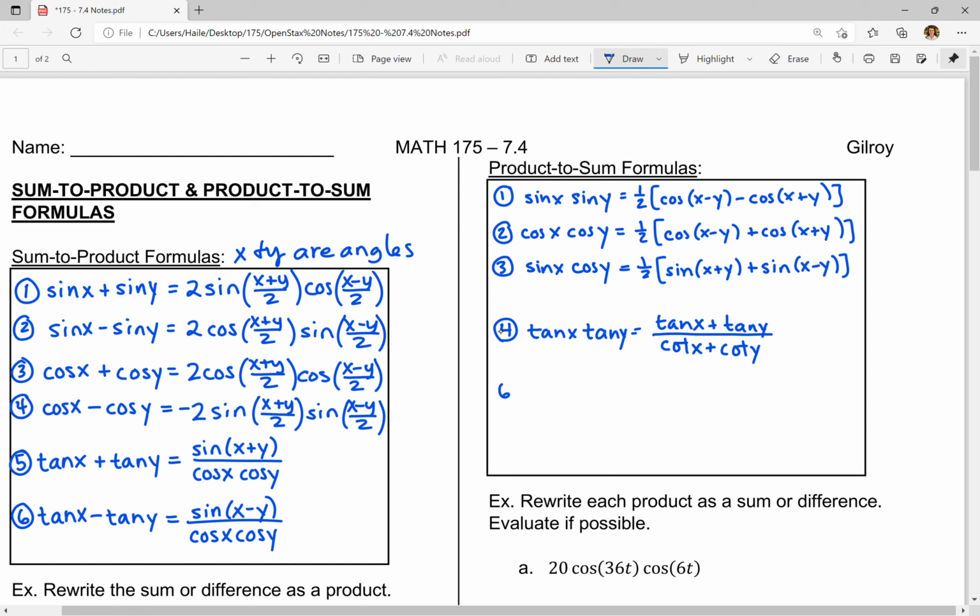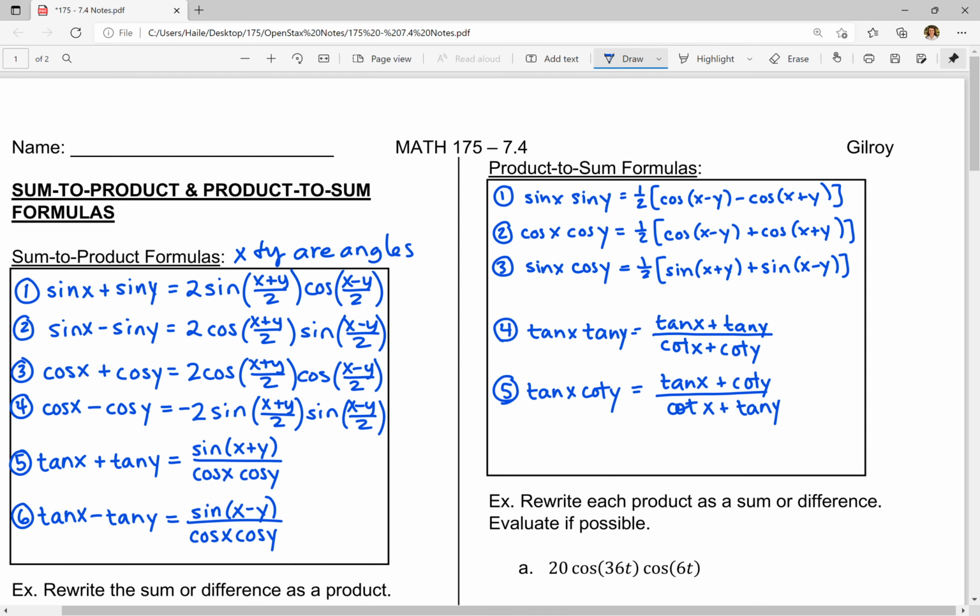And then finally, number 5, we could have tangent of x times cotangent of y. So that one would be tan x plus cotangent y divided by cotangent x plus tangent y. Okay, so those are our 5 product to sum formulas.